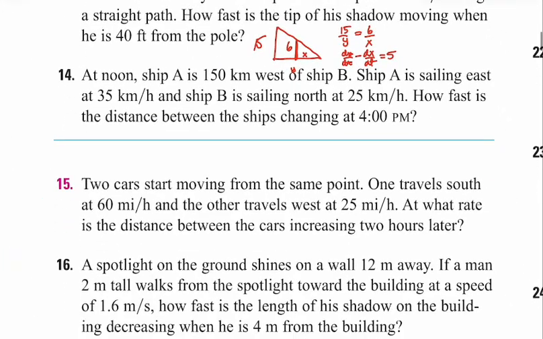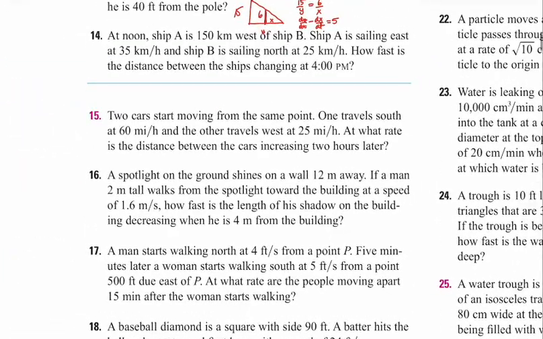Let's take a look at 15. 2 cars are starting from the same point. So make a little point. One travels south. One travels west. It is going to be a relationship dealing with Pythagorean theorem. If something's going east or west, I do call it x.